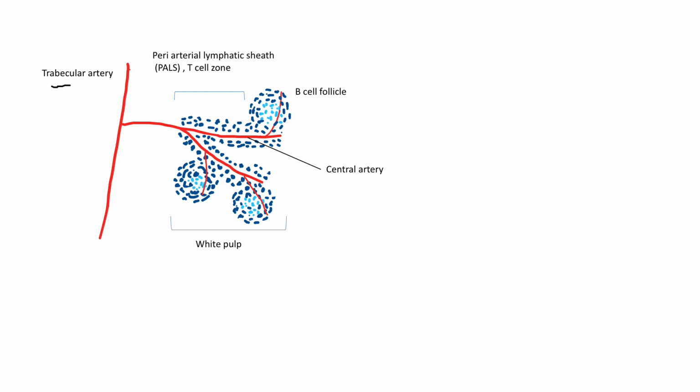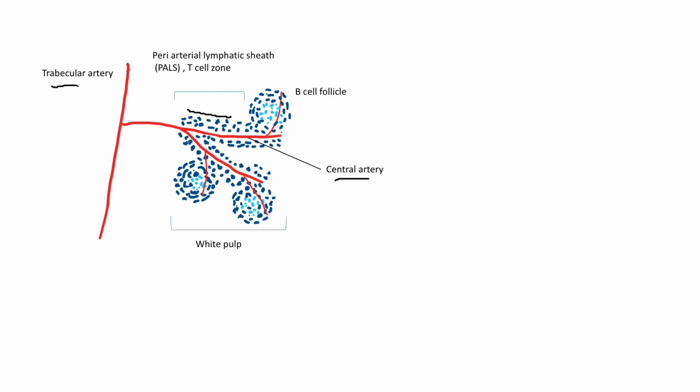The splenic artery divides into trabecular arteries, and trabecular arteries then divide into central arteries. Around the central arteries, T cells are present in the form of a rim, and this is called the periarterial lymphatic sheath or periarteriolar lymphoid sheath.